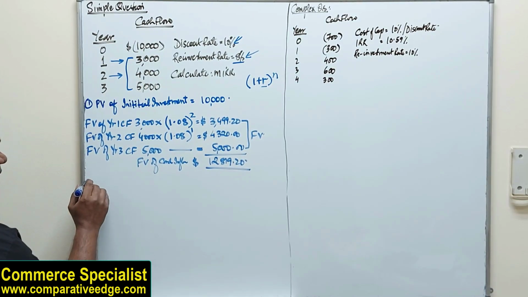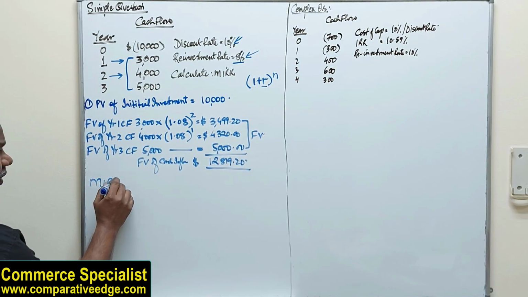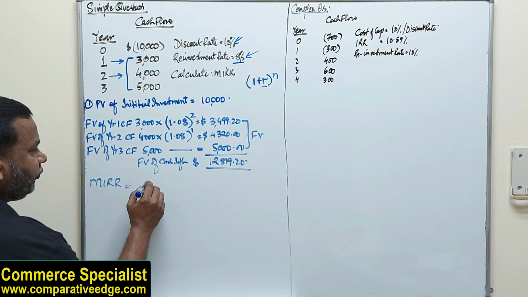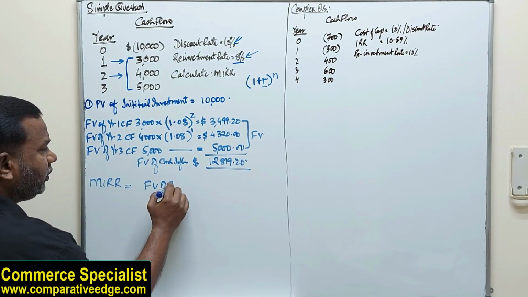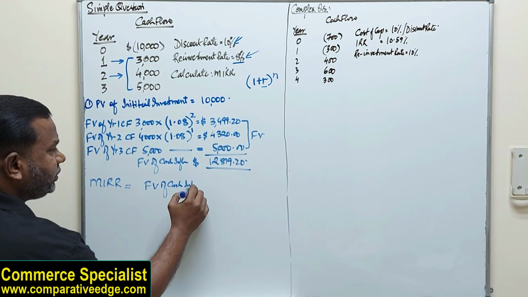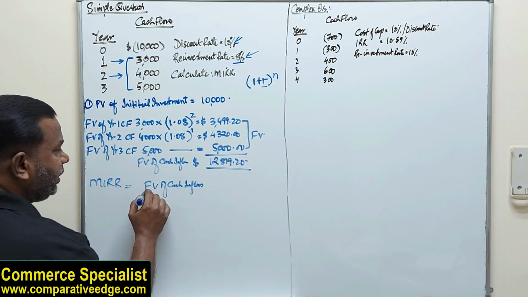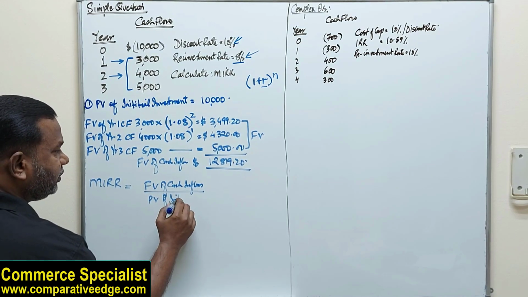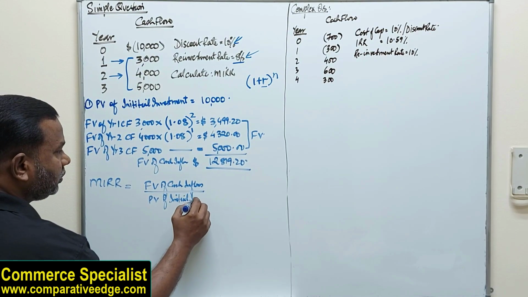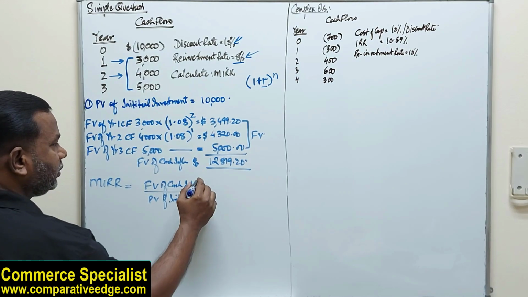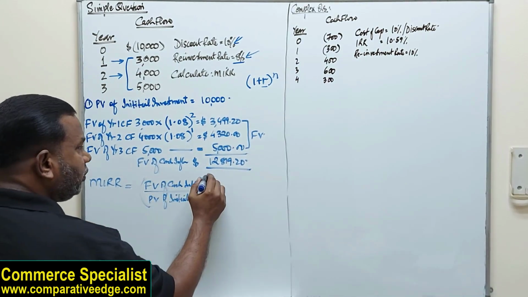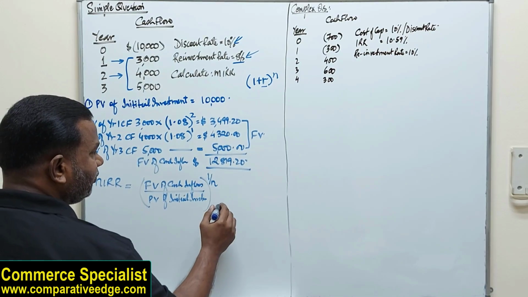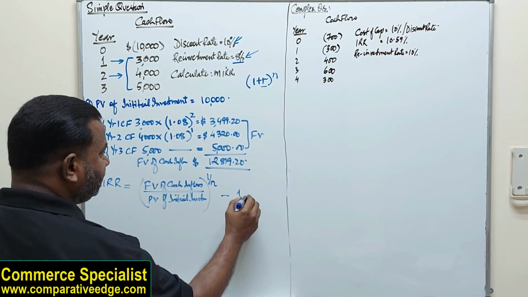So the formula of MIRR, modified internal rate of return, is equal to future value of cash inflows divided by present value of initial investment, to the power 1 upon n, whole thing minus 1.